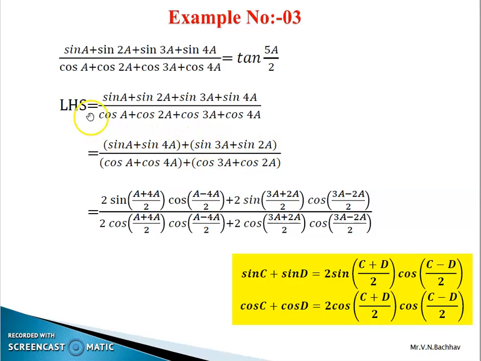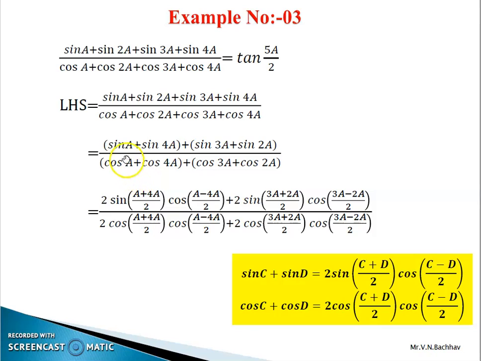Now LHS is (sin a + sin 2a + sin 3a + sin 4a) divided by (cos a + cos 2a + cos 3a + cos 4a). Then we rewrite this as (sin a + sin 4a) plus (sin 3a + sin 2a). Similarly in the denominator, in the first bracket cos a + cos 4a, plus second bracket cos 3a + cos 2a.